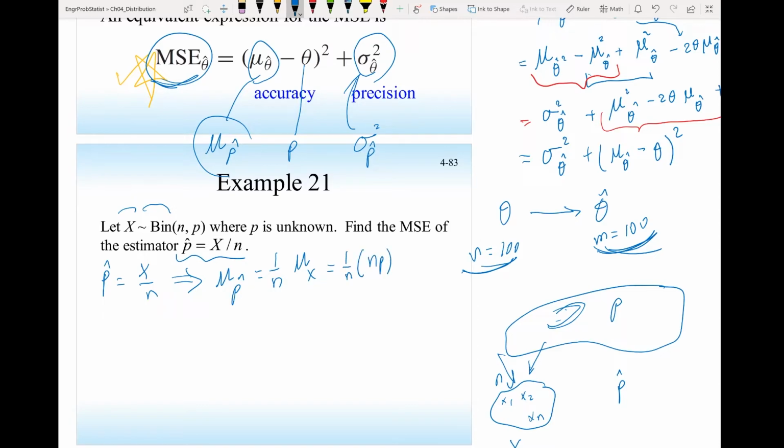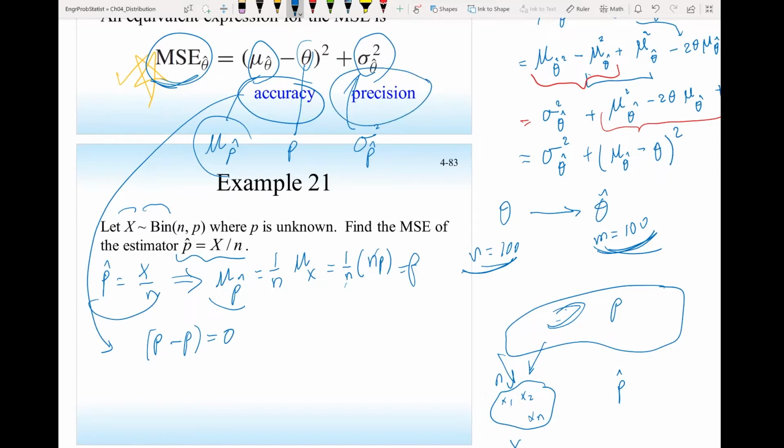We showed that when we studied the binomial distribution. And n will cancel, and that is p. So if I calculate the accuracy, it is the mean of p hat, which is p, minus theta, which is p. That's 0. So this point estimator is very accurate, but we still have to look at the precision component of the mean square error.